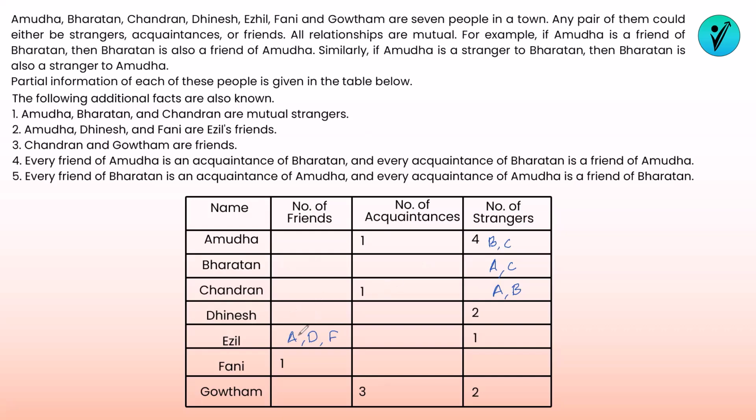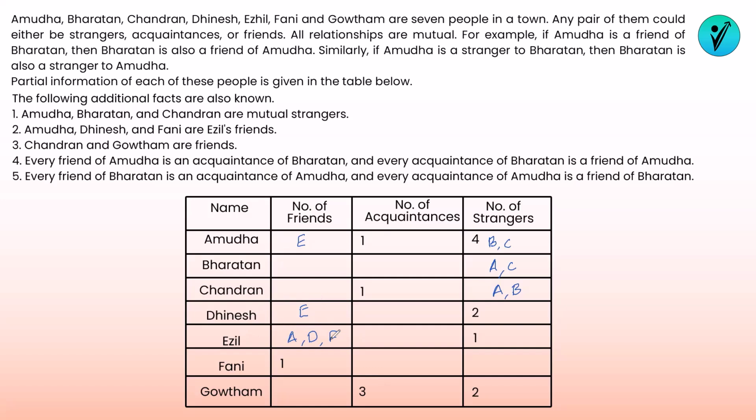Now, if E is A's friend, then in the list of friends for A, E has to show up. Same thing with E and D being friends, D's friends will also include E. Since they are mutual, I'm going to make 2 entries for each person.